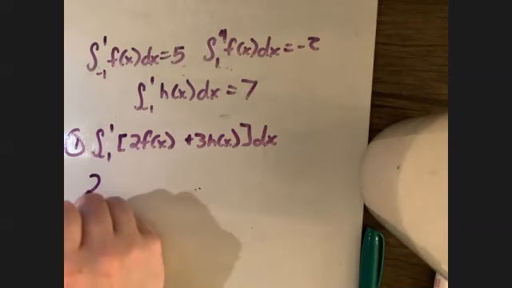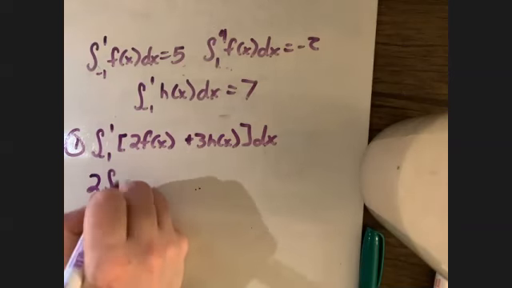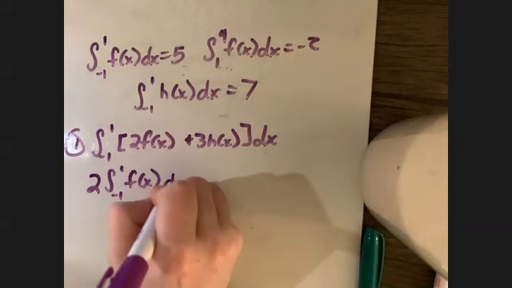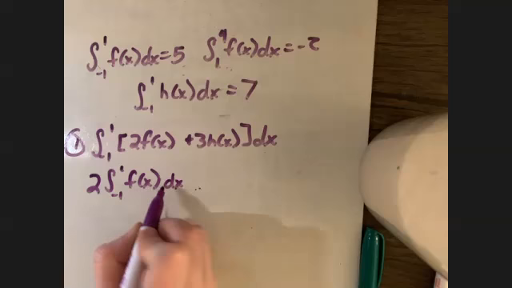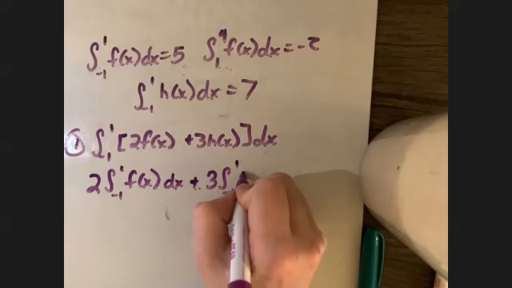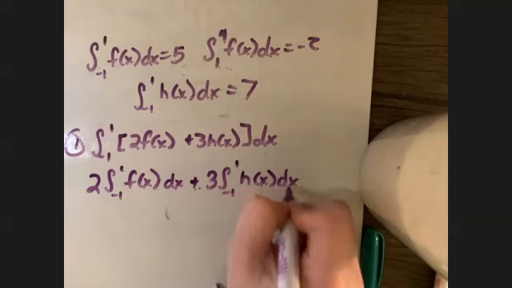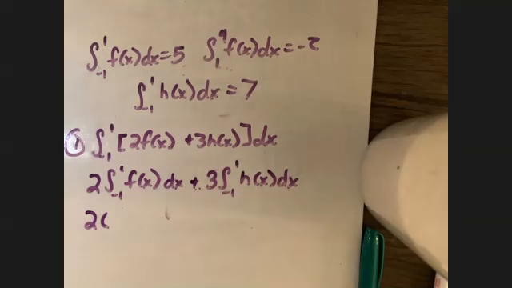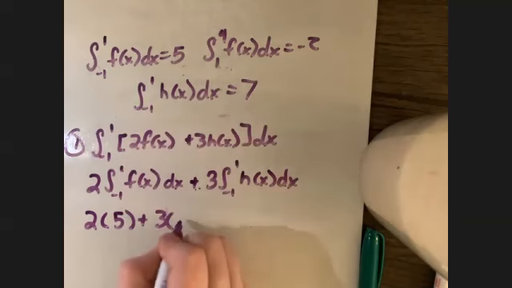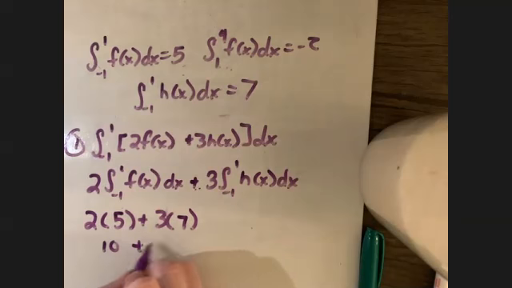So we're going to do 2 times the integral from -1 to 1 of f of x dx, and you do need to make sure that you've got dx on every integral that you're doing, plus 3 times the integral from -1 to 1 of h of x dx. Now running this, the integral from -1 to 1 of f of x was 5, plus 3 times the integral of h of x, which was 7. So we've got 10 plus 21, which is 31. So there's our answer for that one.